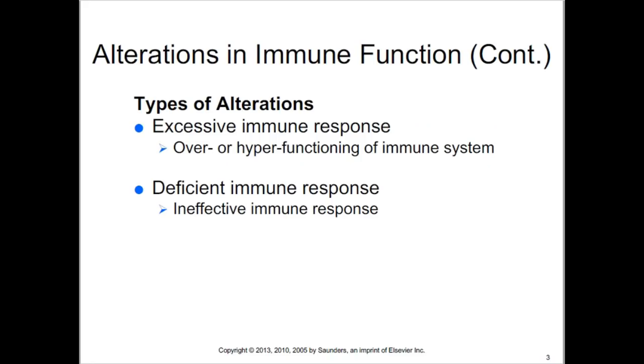One of the things that can happen is that we have an overactive immune system. An overfunctioning or hyperfunctioning of the immune system could definitely cause damage to tissues, especially in the autoimmune world.